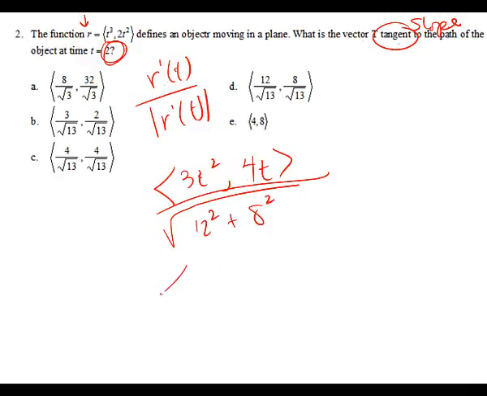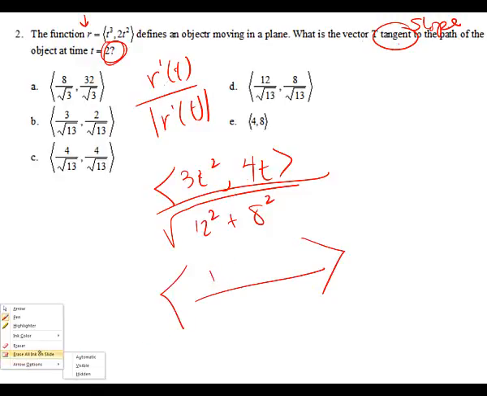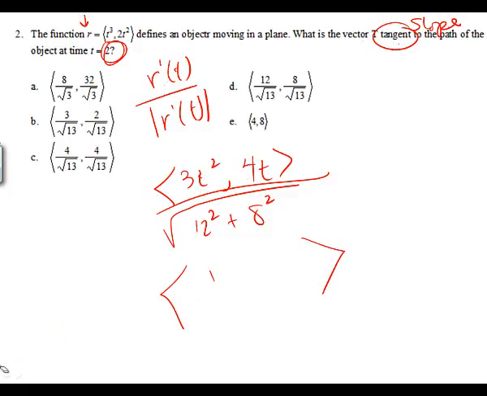All right, so I also need to plug the numbers in for the numerator. So we know that that number comes out to be 12. Let me erase that. All right, so I'd have a 12 and an 8 in the top. Let's see, what's 12 squared plus 8 squared? 208. I gotta break that down.